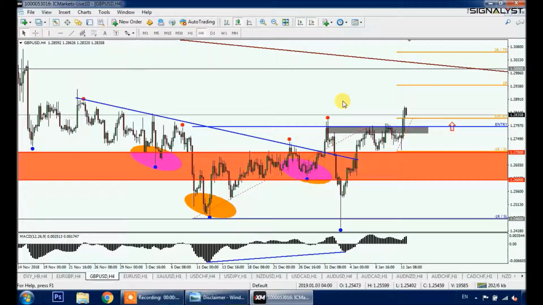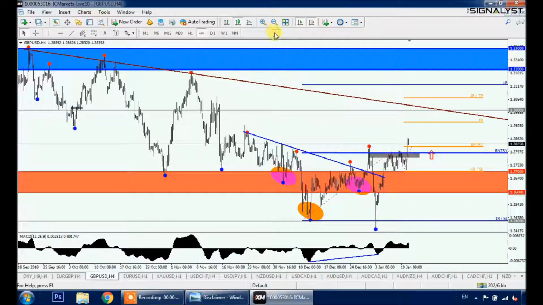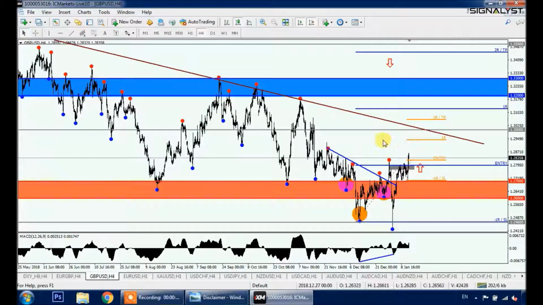And as you know me, I don't like to take new entries on Fridays, but anyway, I'm going to wait on this one as the stop loss is huge, so we don't have a good risk reward ratio. So I'm going to wait on this one and look for better long entries with a better risk reward ratio.